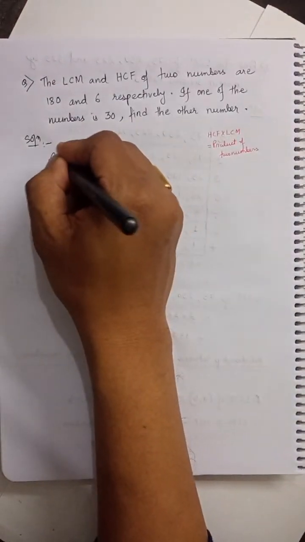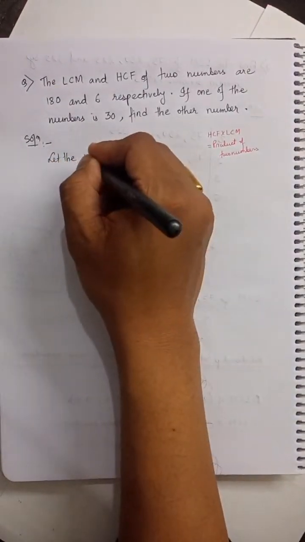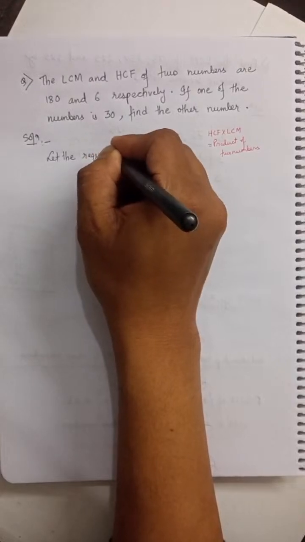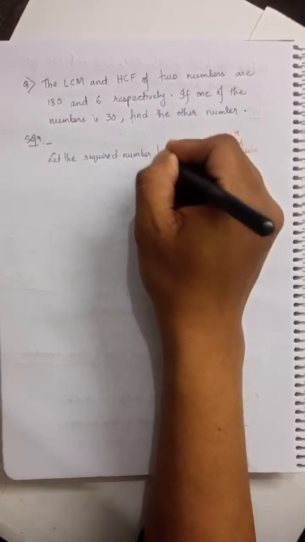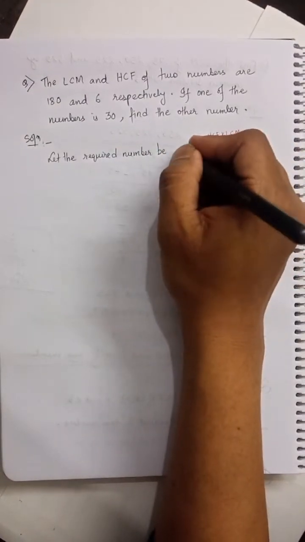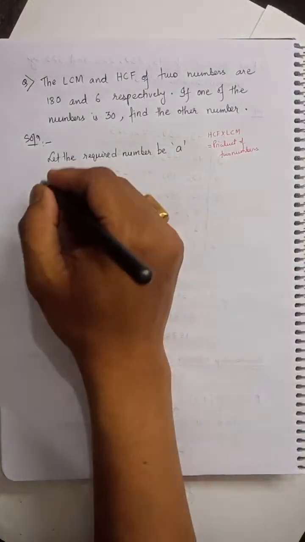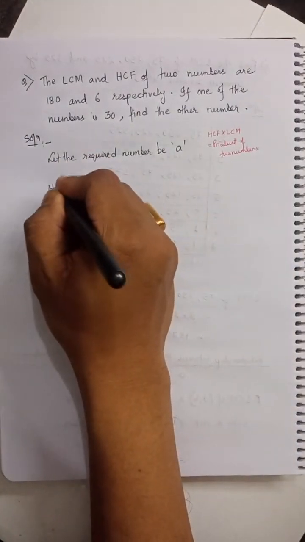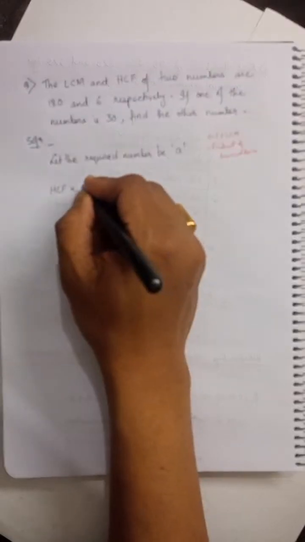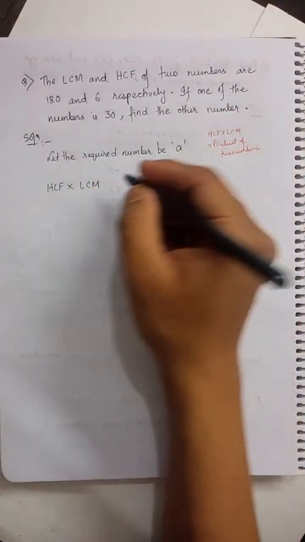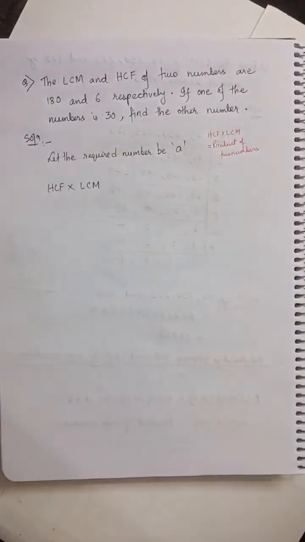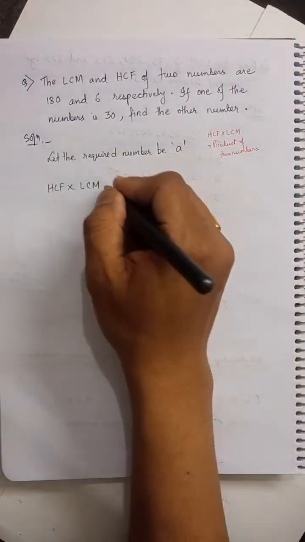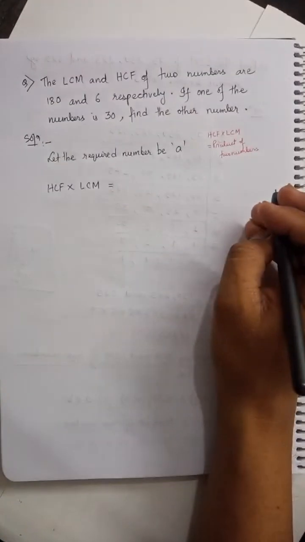So let the required number be a. Let me assume it to be a. So we have HCF into LCM or LCM into HCF, whichever way you want to write. But make sure if you are writing HCF, then write the correct figure for that. Otherwise, your marks will be deducted in the exam.